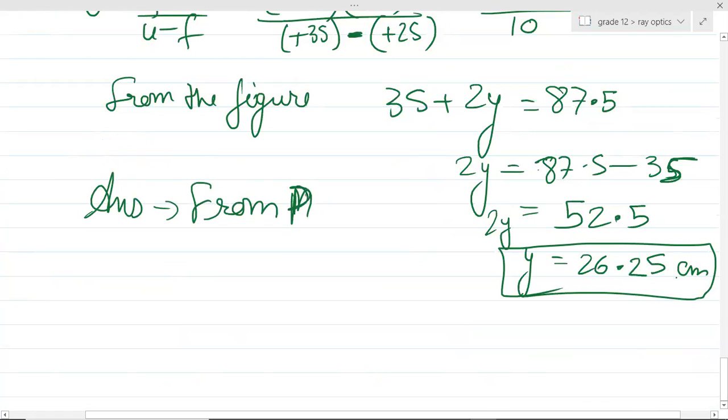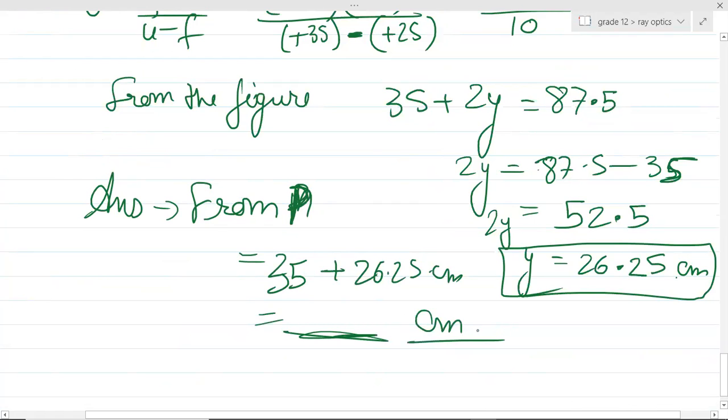The distance was 35, no? So 35 plus 26.25. Whatever this is, that's the answer. Is this clear? Shall I give you the next question?